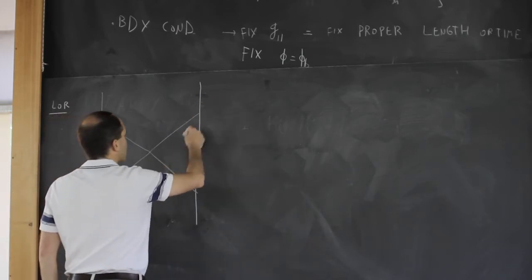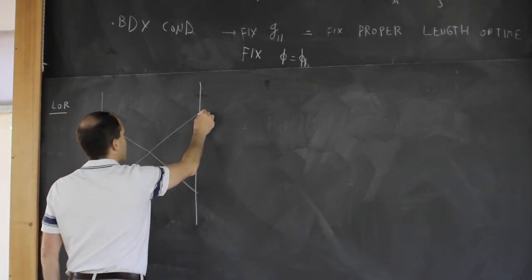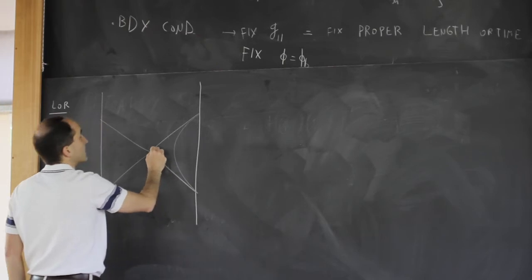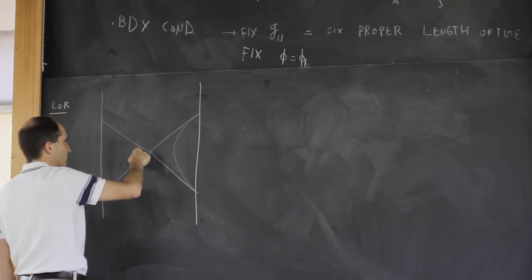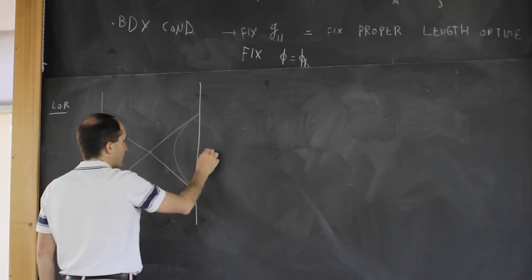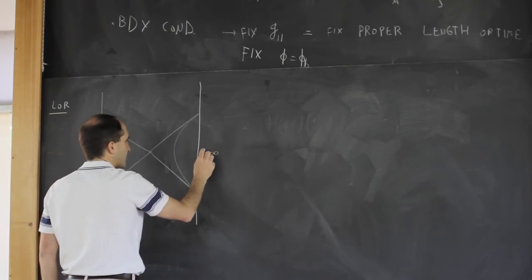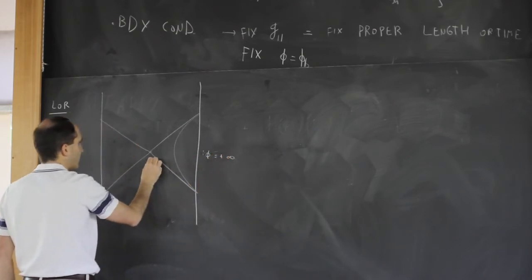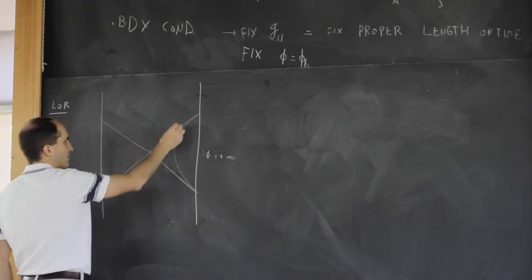In these coordinates, the surfaces of constant rho have this form, and time runs along this direction. The time translation symmetry here acts as a boost around this point. On this boundary, phi is going to plus infinity. Phi is equal to phi h here at the horizon and along these horizon surfaces.